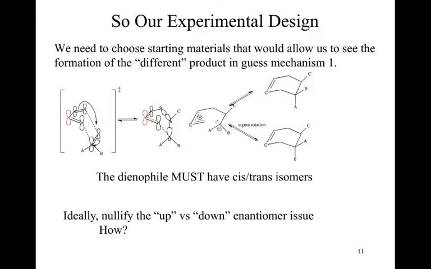Okay, the next big part is how do we nullify this up-down enantiomer issue? Because that is really going to throw a big monkey wrench in our whole process. Okay, so if we look at what we've got drawn here, we want to somehow prevent our dienophile from sitting up top. Something has to be up here.